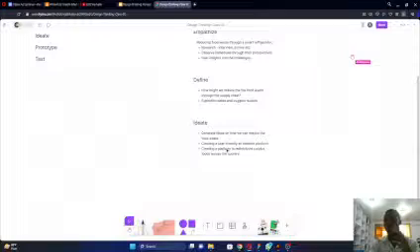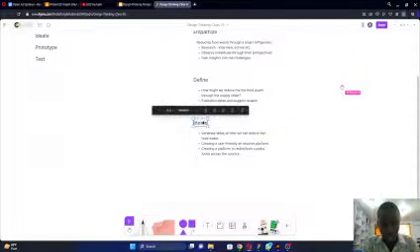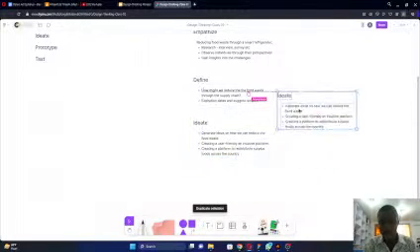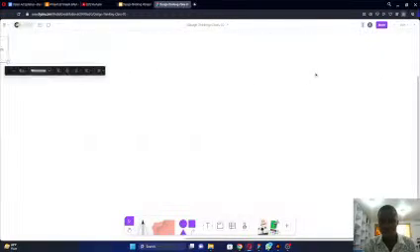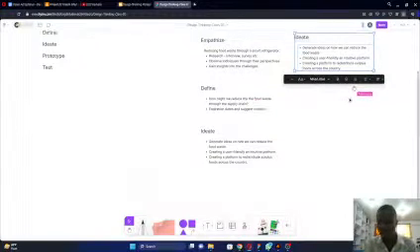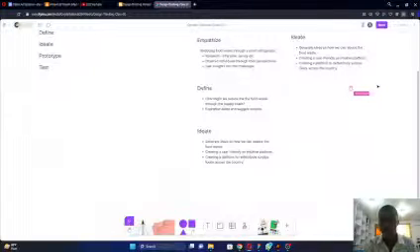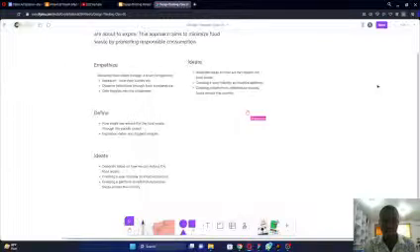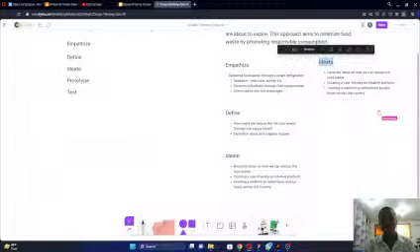So the prototype stage is where you come up with your design. Let me duplicate this. Let me put it here so that when you go in, prototype.